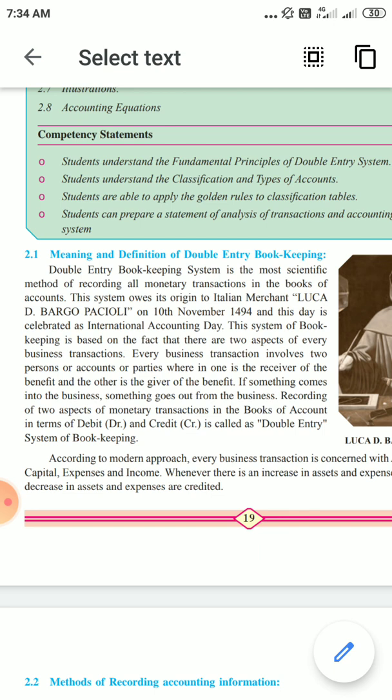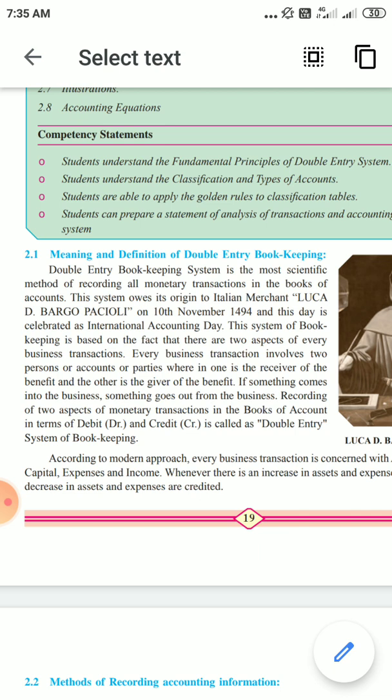Now what does double entry system mean? Under this system of bookkeeping, whatever transactions are taking place in the business will have two aspects. Whatever business transactions take place will have two effects. So two accounts will be involved, or two parties or two persons will be involved, that is the receiver of the benefit and the giver of the benefit.